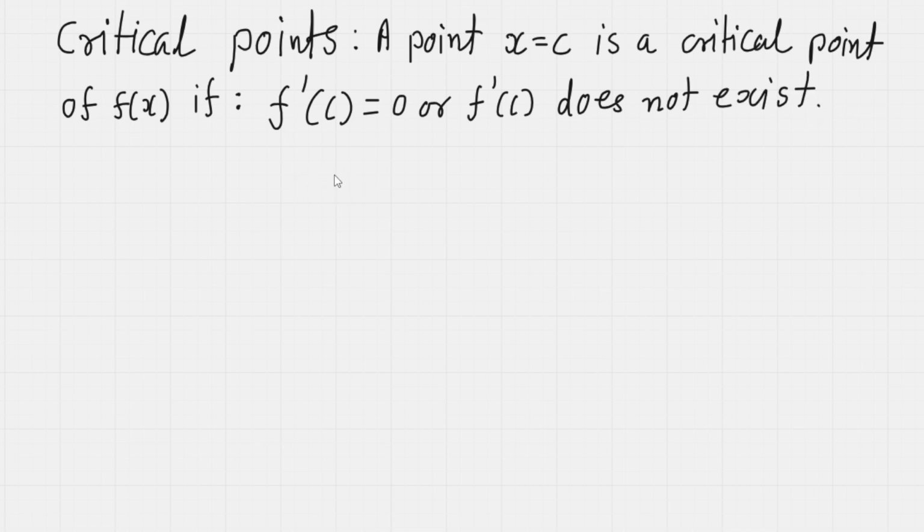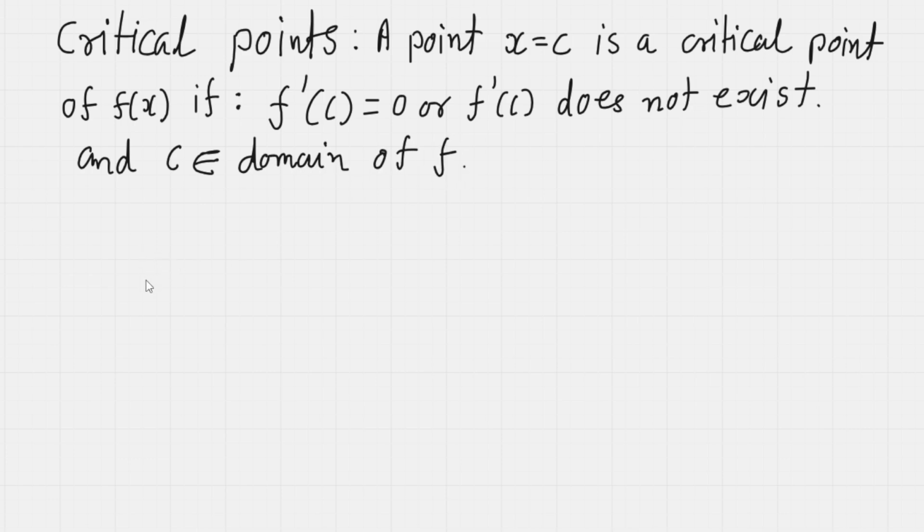This means the derivative of f at c is equal to 0 or the derivative of f at c does not exist, and c is in the domain of f. C belongs to the domain of f.